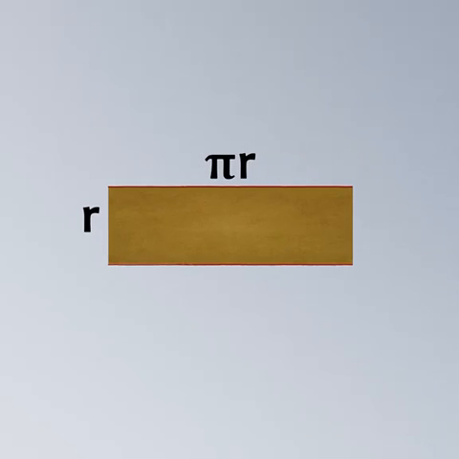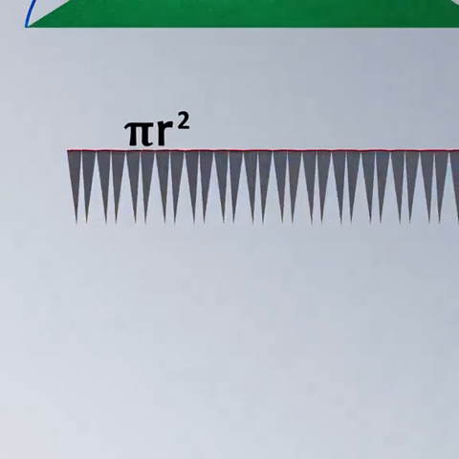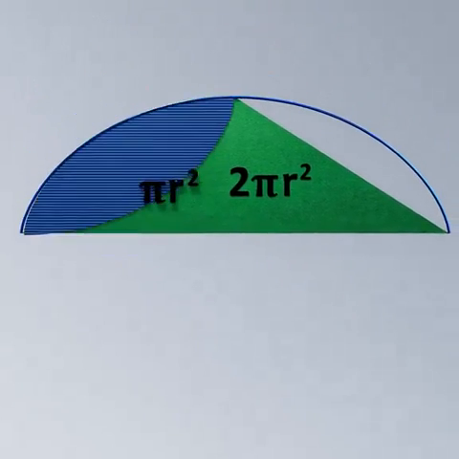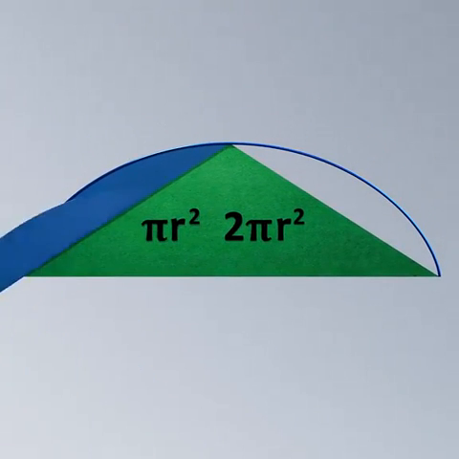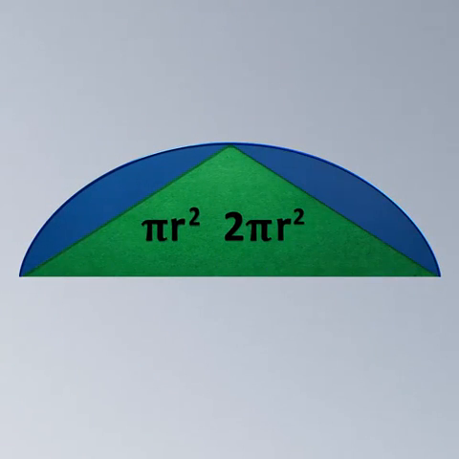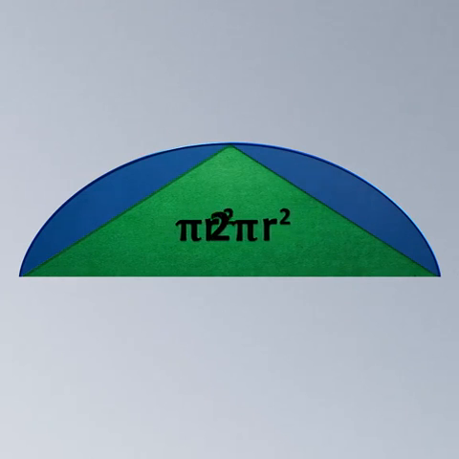The circle's area ends up being 1 radius times pi radii, for a total of pi r squared. The total area under the cycloid measures pi r squared plus 2 pi r squared, for a grand total of 3 pi r squared.